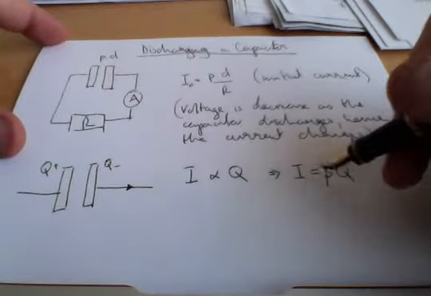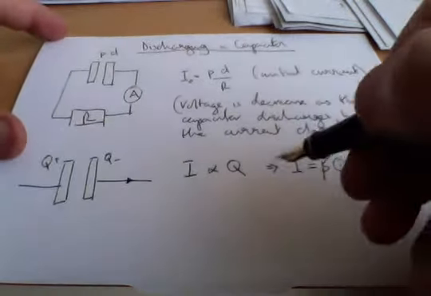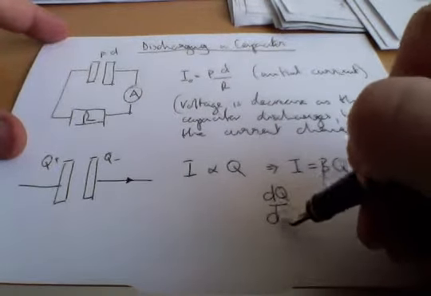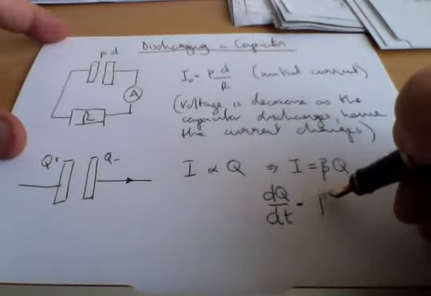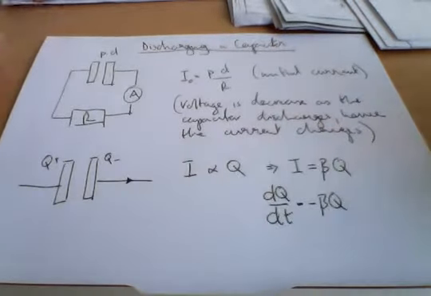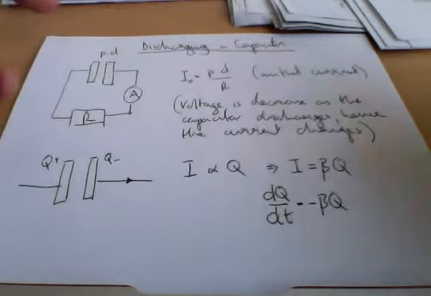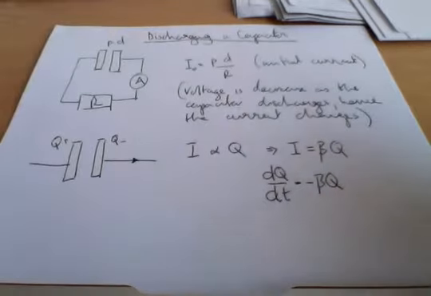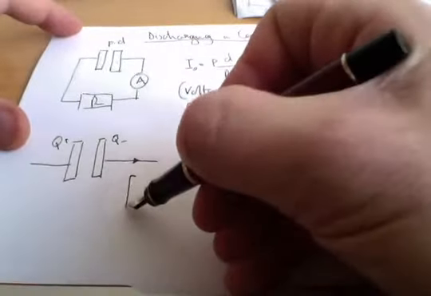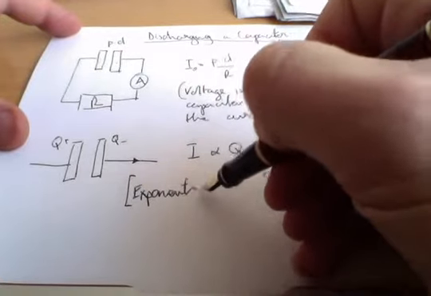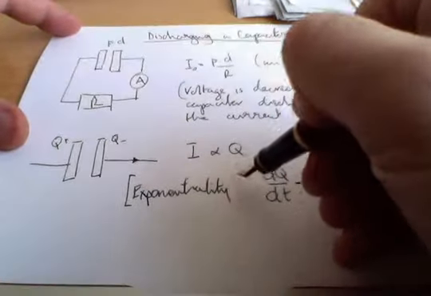The smaller the charge, the smaller the current. We also know that the current is the rate of change of charge with respect to time. Because charge is being removed, I'm going to have the minus sign in there. And that is the definition of exponentiality.